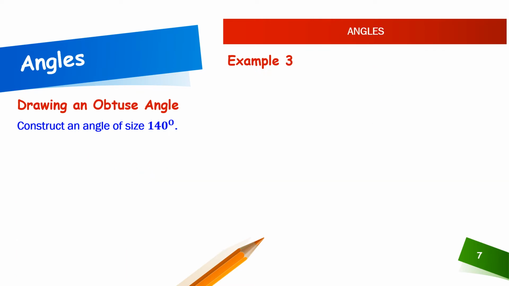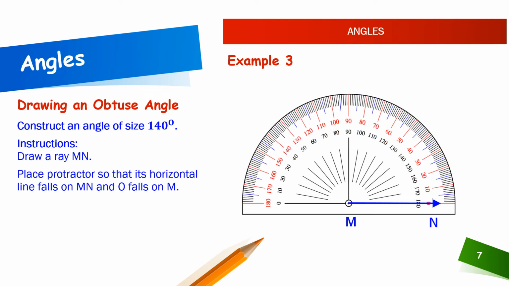We will now see how to draw an obtuse angle. In this example, we will draw an angle of size 140 degrees. Begin by drawing a ray MN as shown. Place the protractor so that its horizontal line falls on MN and O falls on M. Now read the protractor from the right.